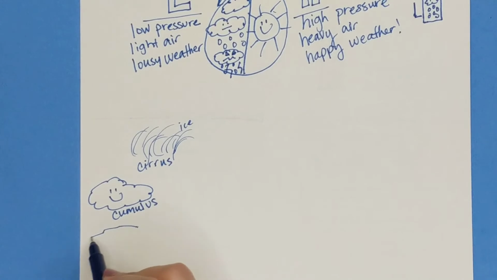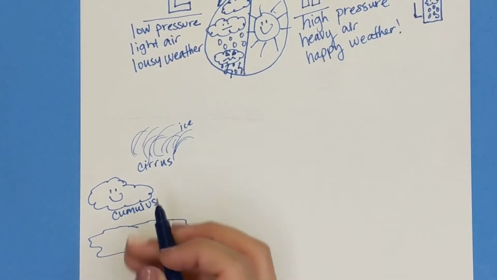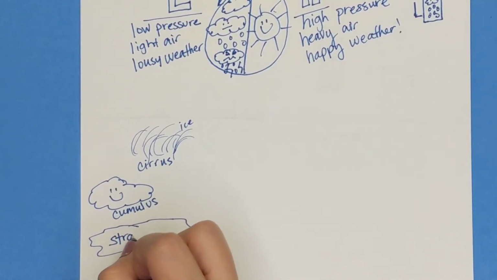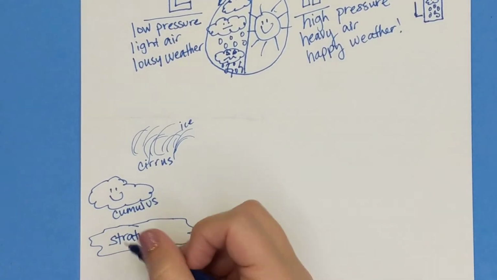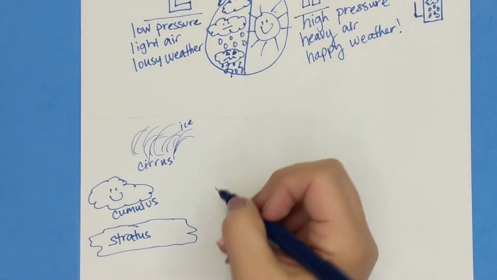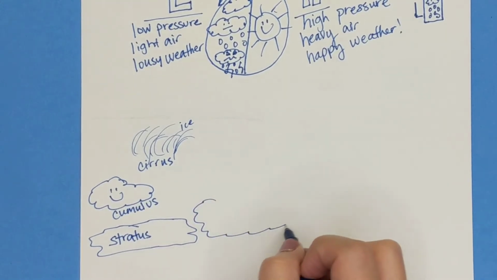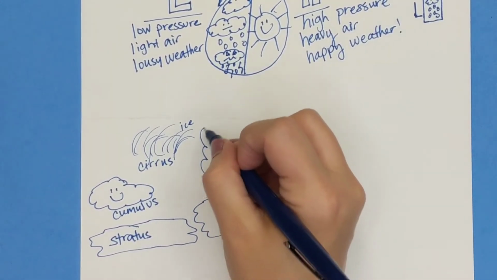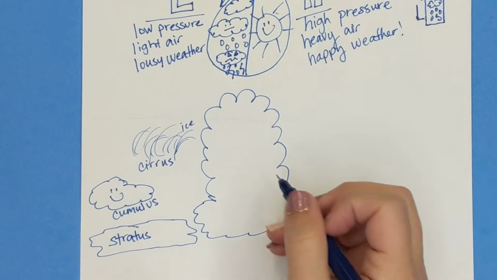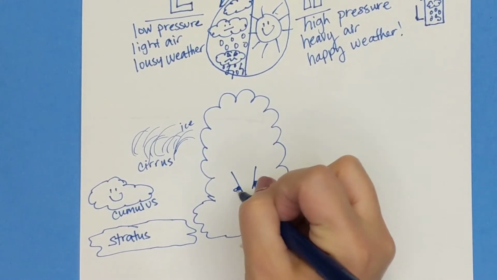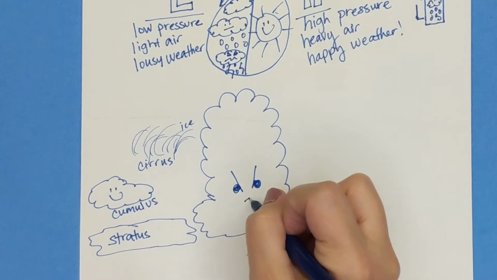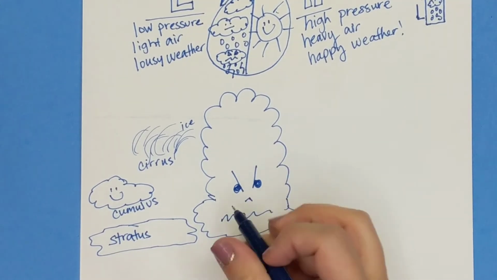And then the last two types of clouds that we learned about are the stratus cloud. And remember, the stratus clouds cover the sky like a blanket, and they bring light, steady, continuous rain. And then we have our big thunderhead cloud, that big cumulonimbus cloud. The big cumulonimbus cloud is our thunderstorm cloud.